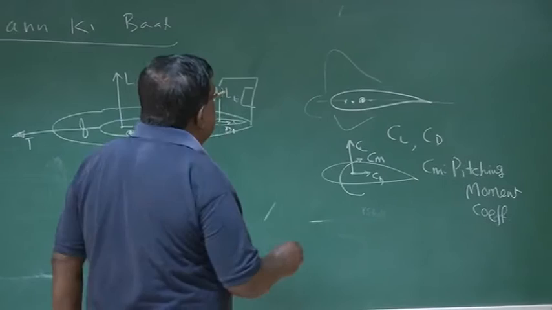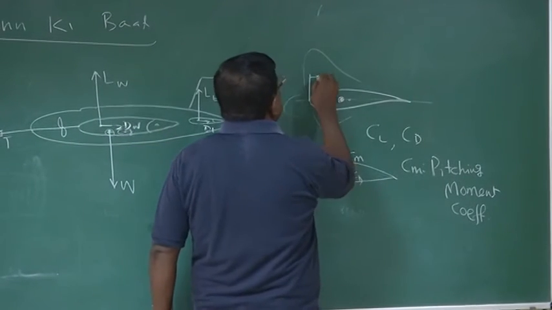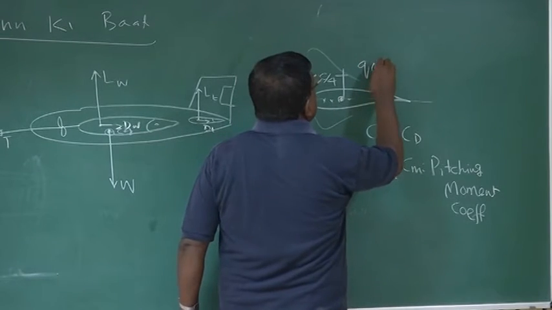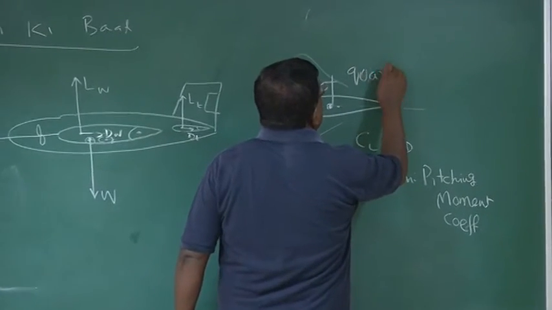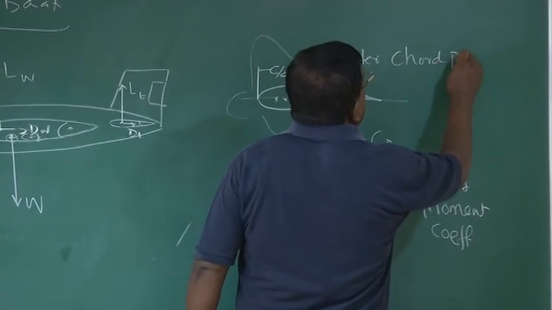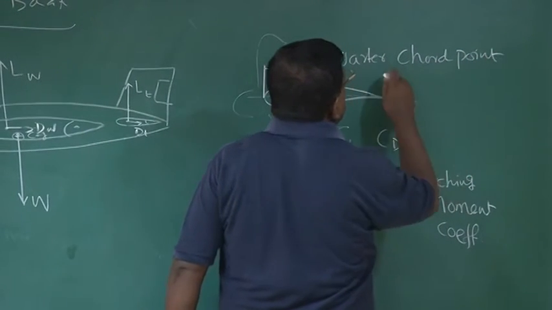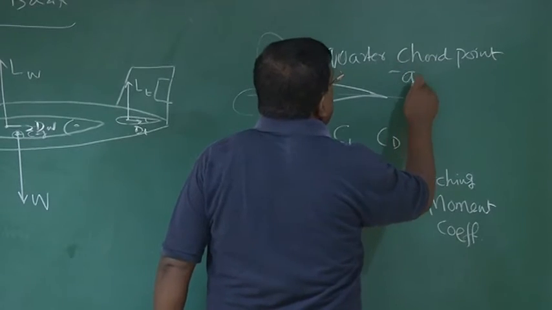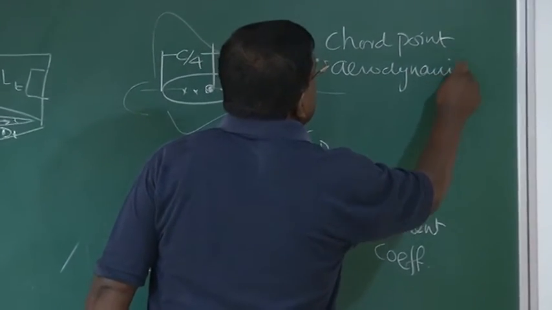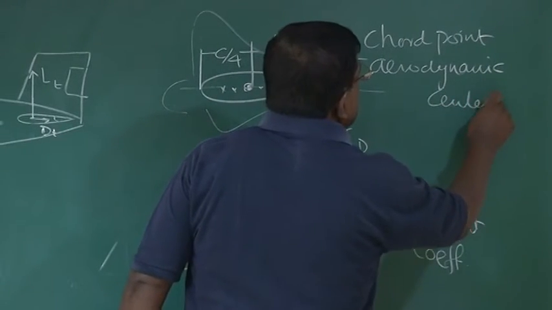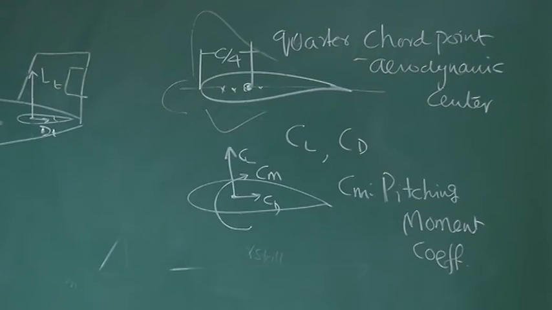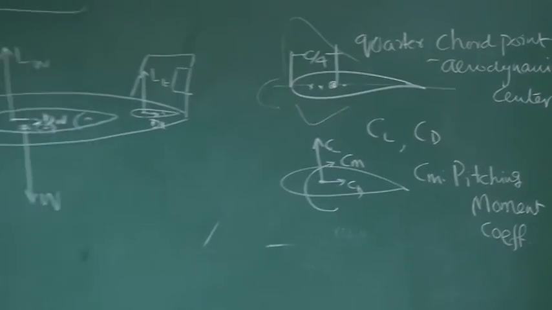However, there is a point which we call the quarter chord point, typically for low speed. It is also called basically the aerodynamic center in general. It so happens for low speed that the aerodynamic center is at quarter chord, 25% of the chord.